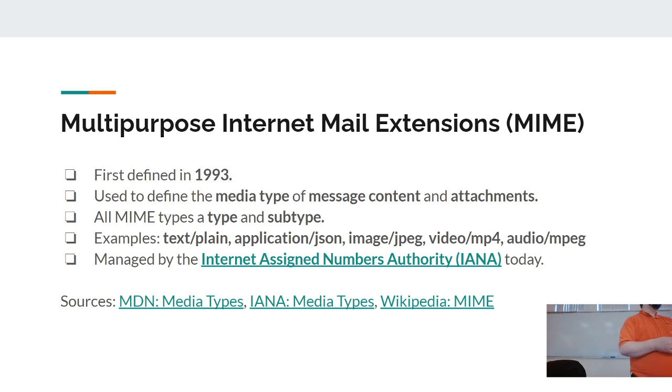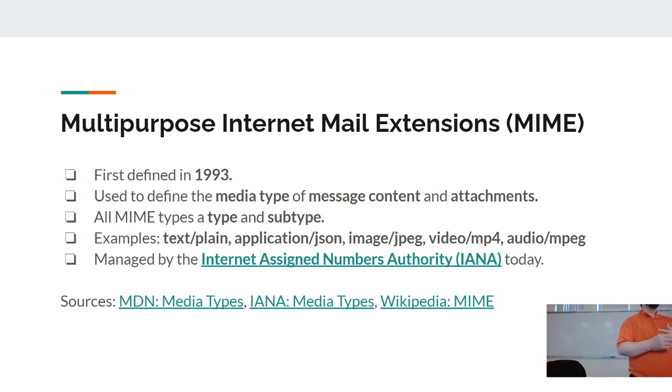But it is also used for saying what kind of attachment you attached to the email. So you might say, this is a plain text attachment, this is an audio attachment. The receiving side needs to know what kind of file is being sent. So MIME types are used in that context to know what kind of file it is, because you can't rely on extensions, as it turns out.